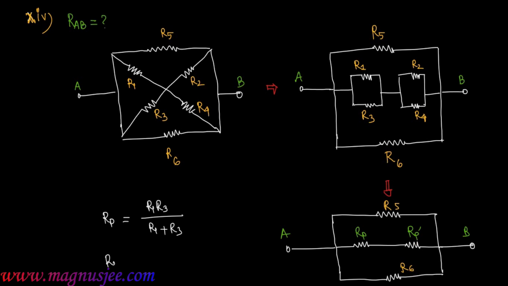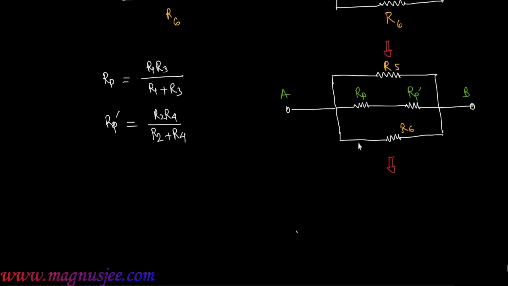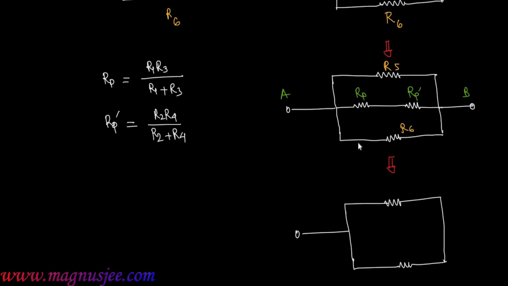Rp is the equivalent resistance of R1 R3, and Rp prime is the equivalent resistance of R2 R4. Rp is equal to R1 R3 divided by R1 plus R3. Rp prime is equal to R2 R4 divided by R2 plus R4. The modified circuit diagram will be as shown in the figure.